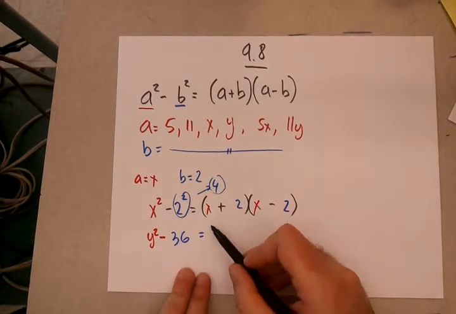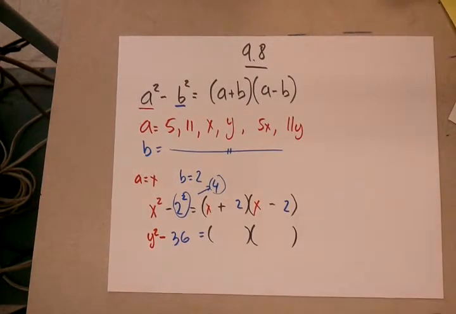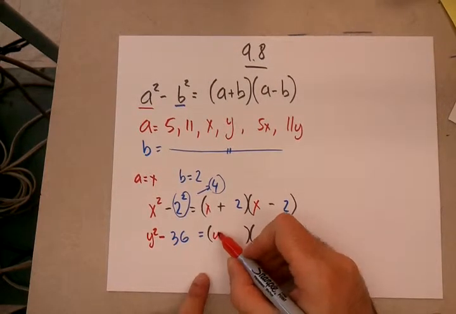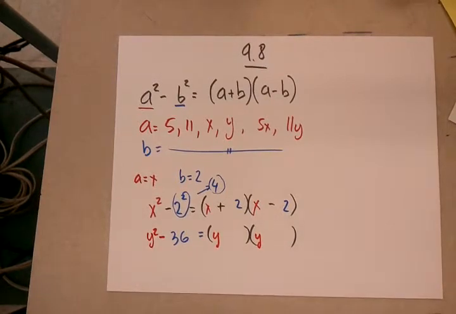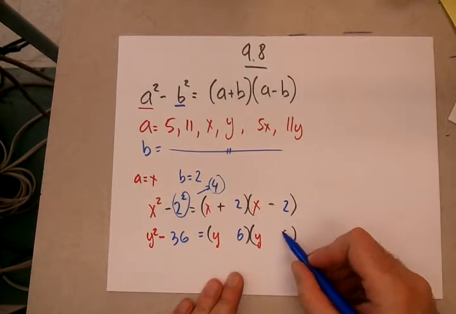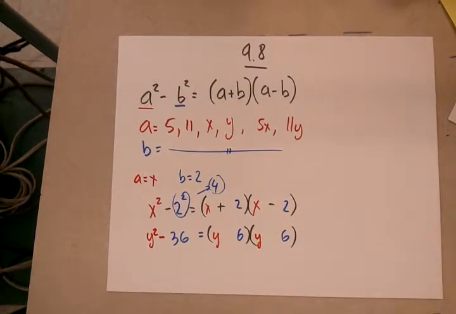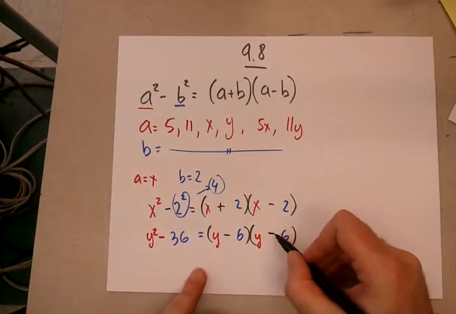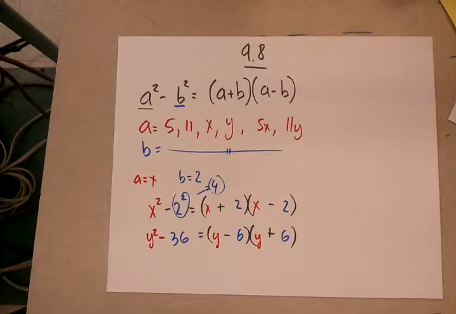So I write my 2 parentheses. If 36 is 6 squared, it's the same as y squared minus 6 squared. So I can write a y here, a y here, and on the other set of terms, I'll write a 6 and a 6, and the signs have to be plus minus or minus plus. I'll write a minus plus. This time it makes no difference which goes first.